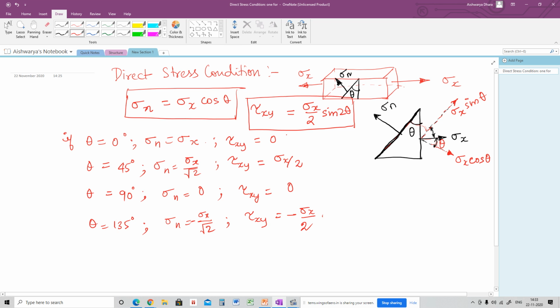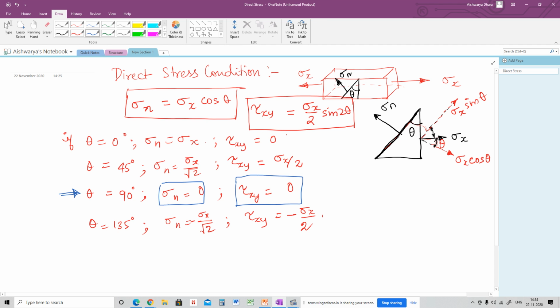Now from this particular condition in the given problem, they will ask you that in case of direct stress condition, or they might use the term unidirectional, at what angle the normal stress and the shear stress will be 0? 90.